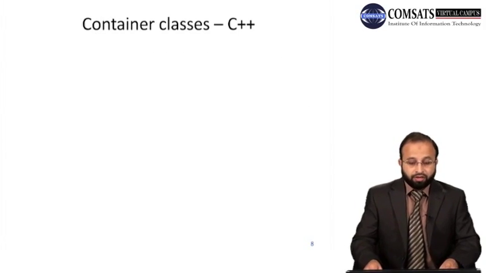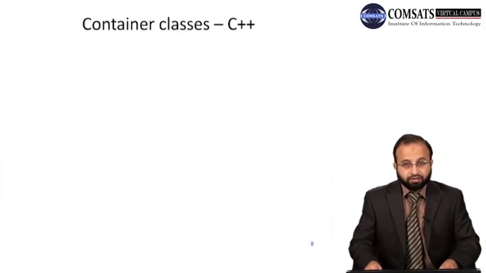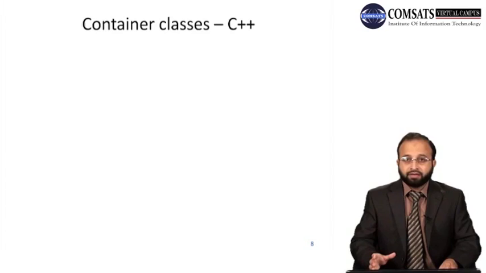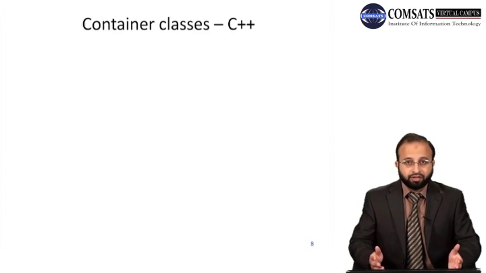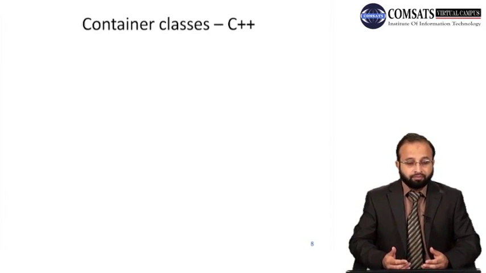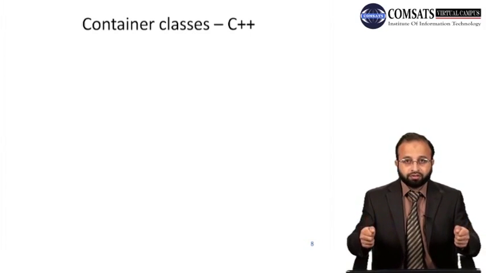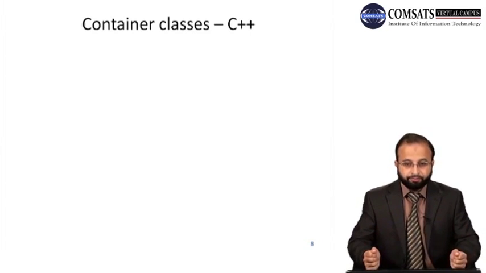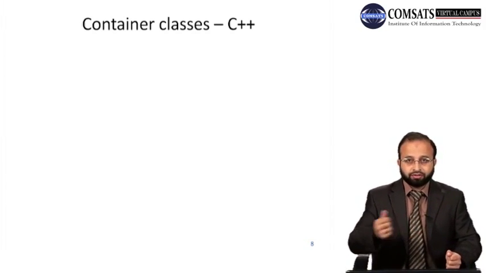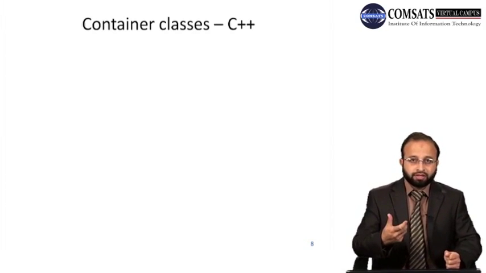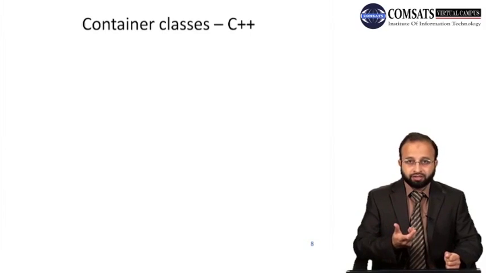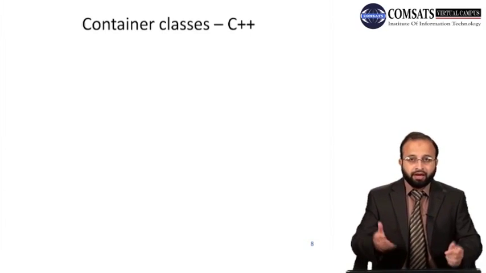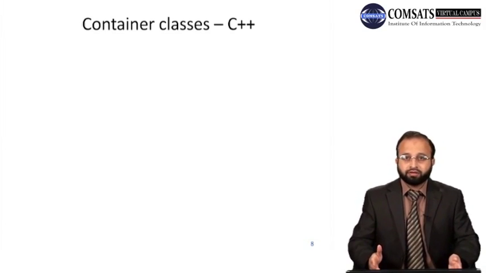So now let's see what container classes are in C++. From the real world we have observed that a container is something that contains objects. So we can say a container is an object. For example, if I have a metallic box, and I put different kinds of tools inside that box, each of these tools is basically an object of a tool class, and that box is also an object of a toolbox class, right?